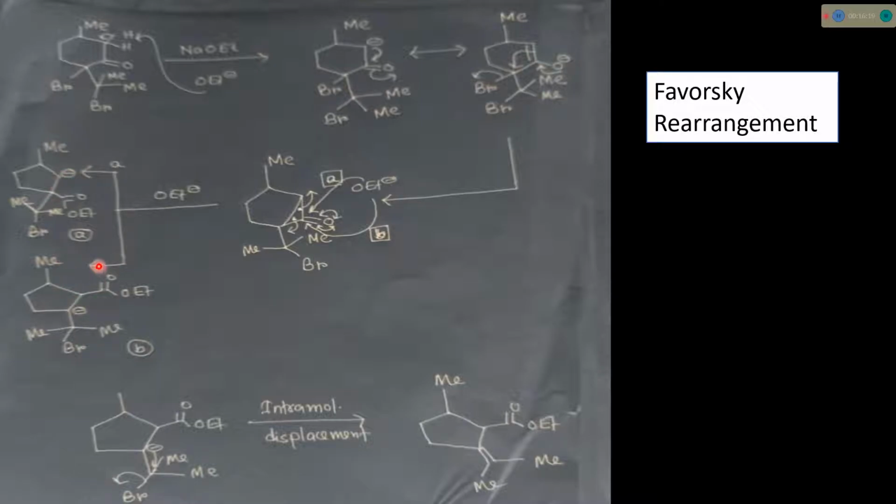But this carbanion has a further pathway. That is, the negative charge attacks this carbon, then this bromine leaves as bromide and a double bond forms.